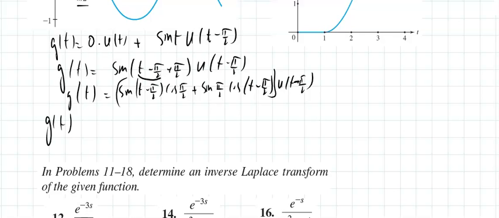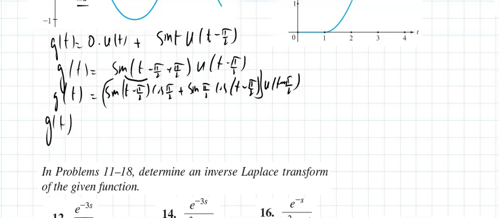And isn't this a 0? So that's gone. Isn't that a 1?